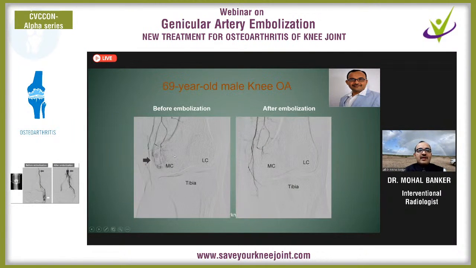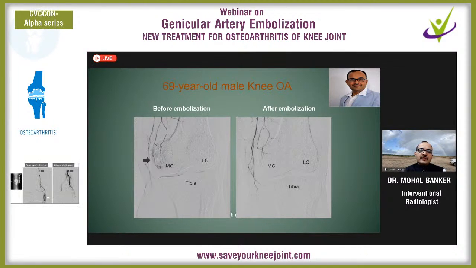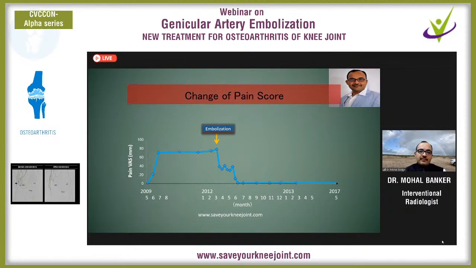If this hypervascularity is embolized by small particles, the vascularity disappears, as in this case post-procedure. We embolized these microvessels, the hypervascularity disappeared, so the chronic inflammatory process stops and further cartilage damage is stopped.